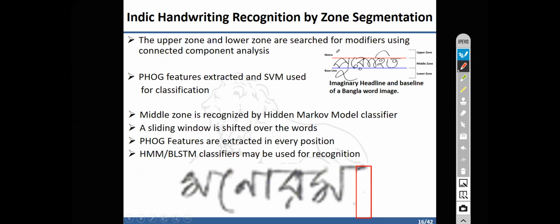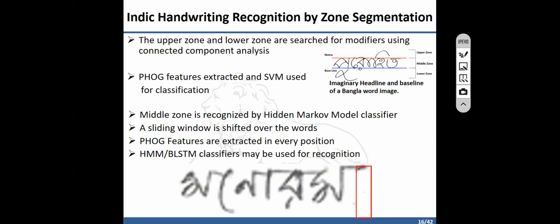Given an image, we do some pre-processing, remove the upper parts and lower parts, and in this middle zone we use a sliding window. In each slide you extract the features, and then those features can be fed into this HMM or LSTM framework, and this will recognize this middle zone.